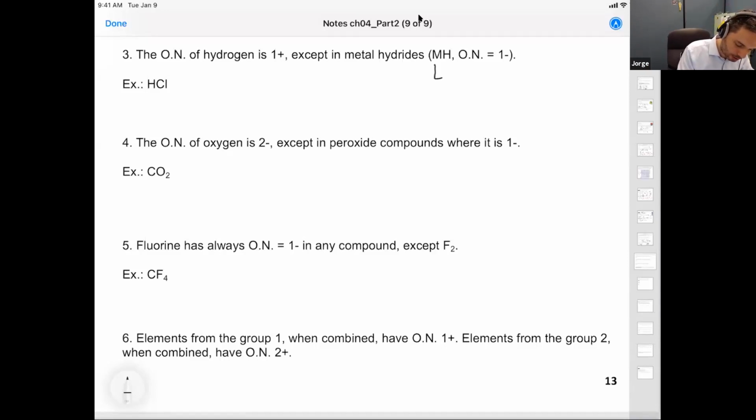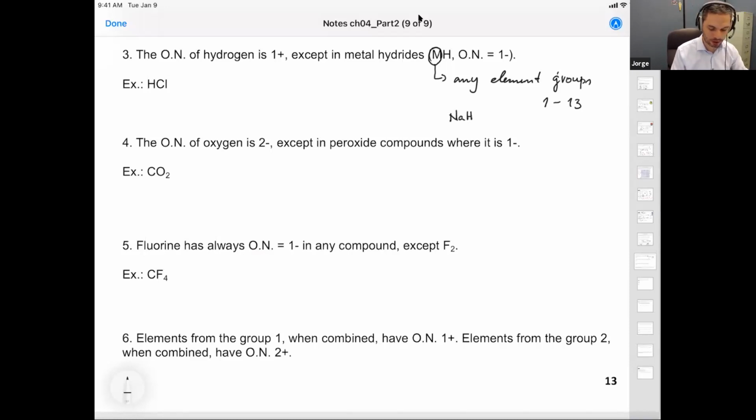And metal here can be any element that belongs to the groups 1 all the way to the group 13. Okay, so that's when we have a metal hydride. For example, sodium hydride.